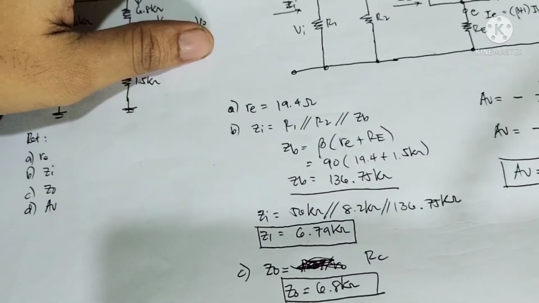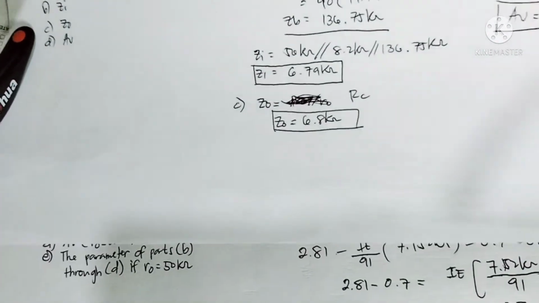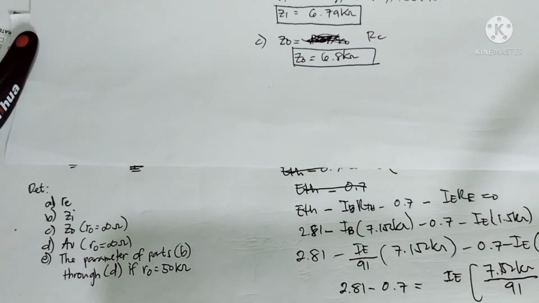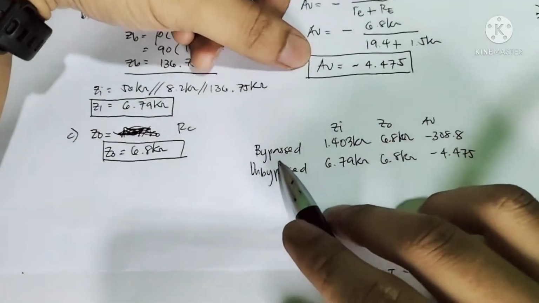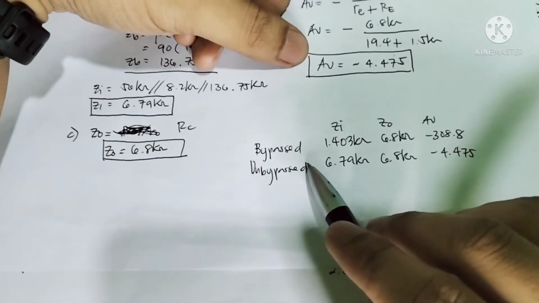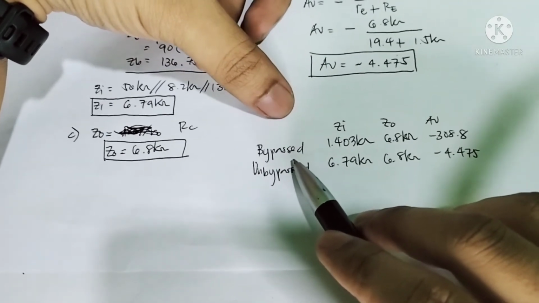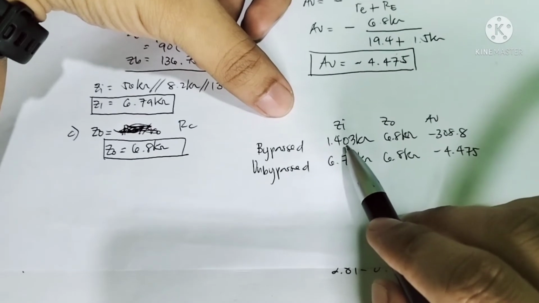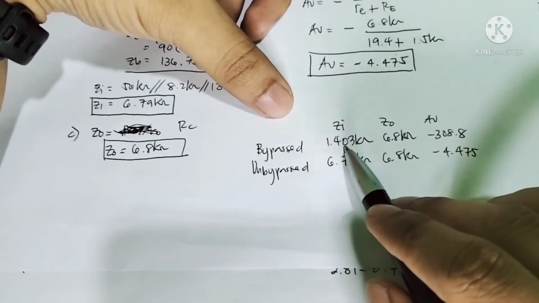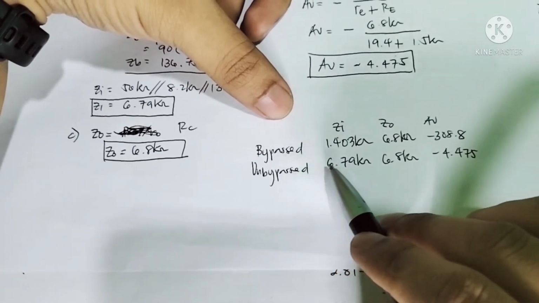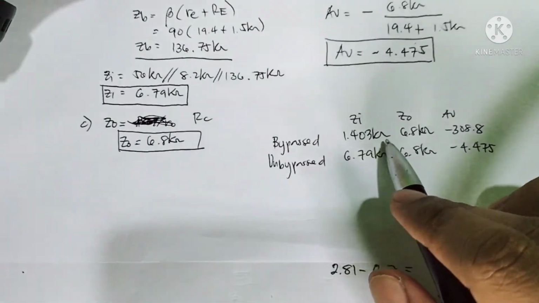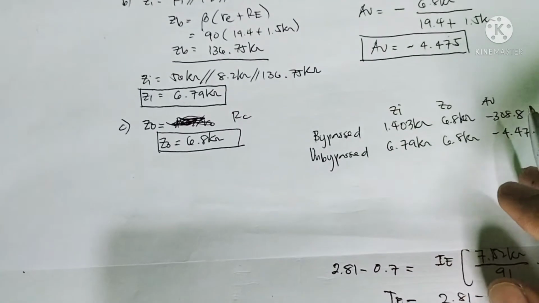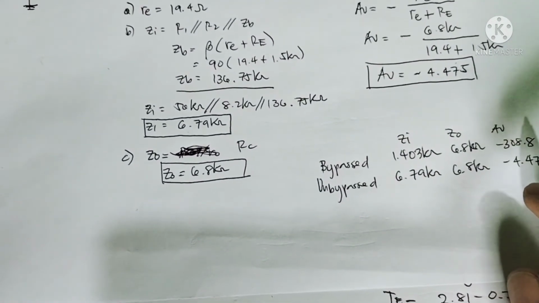As you can see, if you compare the unbypassed and the bypass capacitor, these are the parameters we've calculated. For the bypass voltage divider, we have 1.403 kiloohms as an input impedance, and the unbypassed is 6.79 kiloohms.